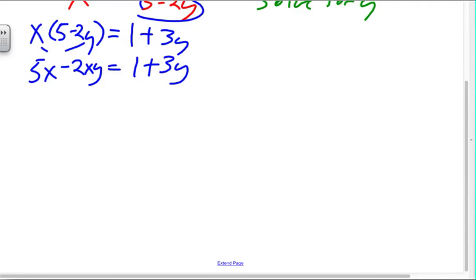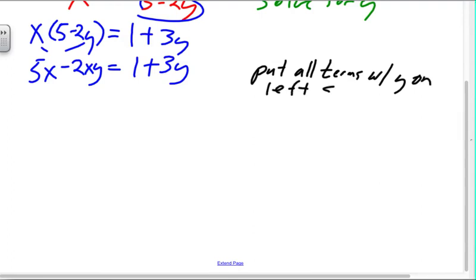Okay, so the next thing I'm going to do once I get this is put all terms with y on the left side. Well, this one's already here. So what I'm going to need to do is subtract 5x from here.